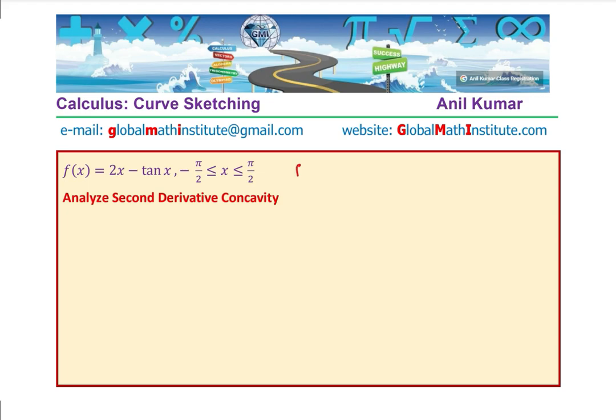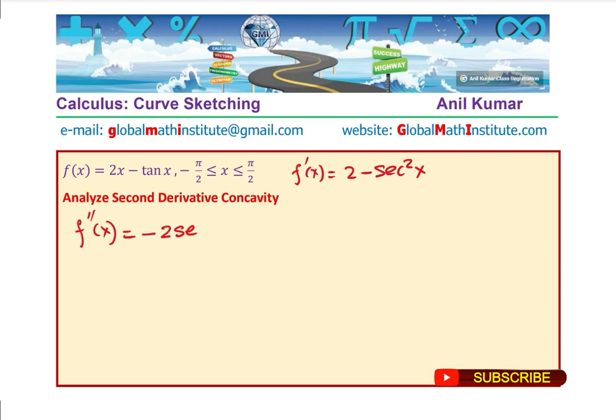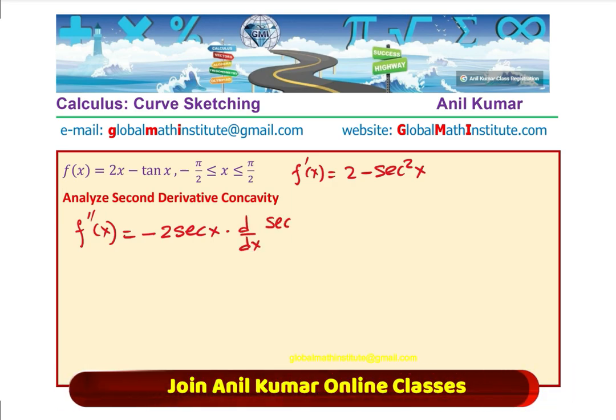So we just found that the first derivative for this function is 2 minus secant square x. So what is the second derivative? Well, the derivative of 2 is constant. We have minus 2 times secant x times derivative of secant x.